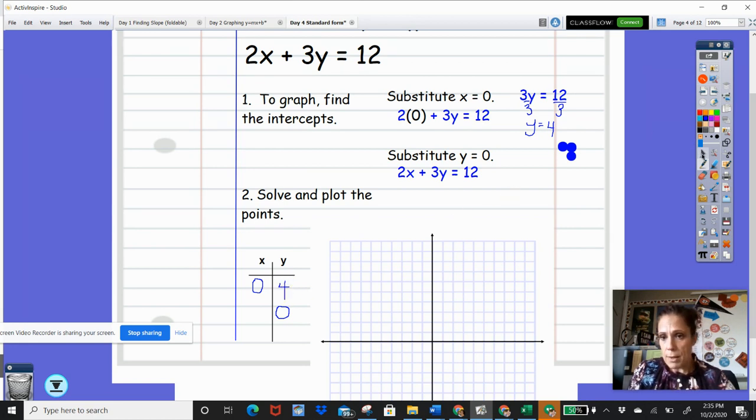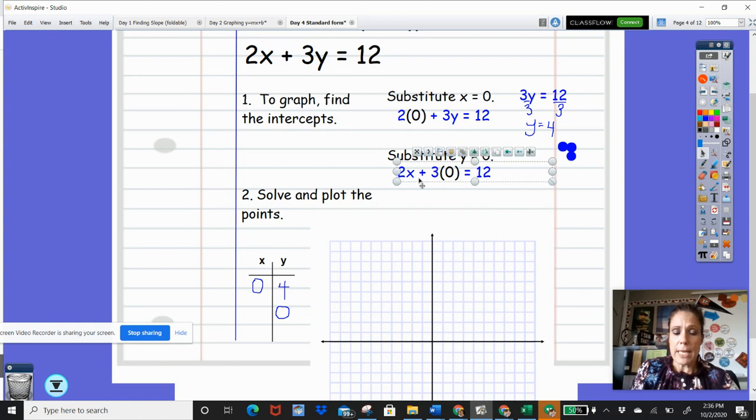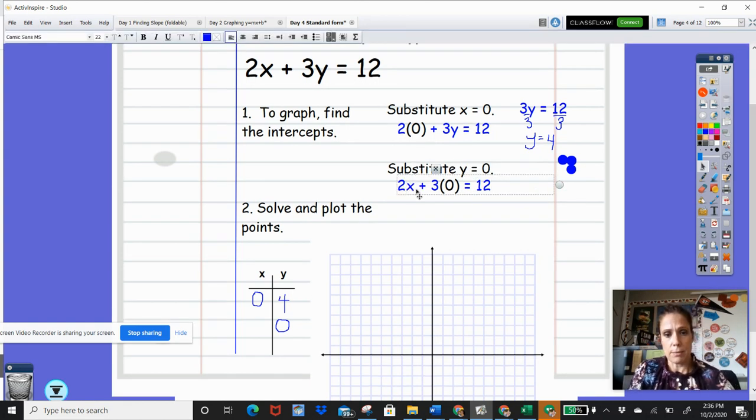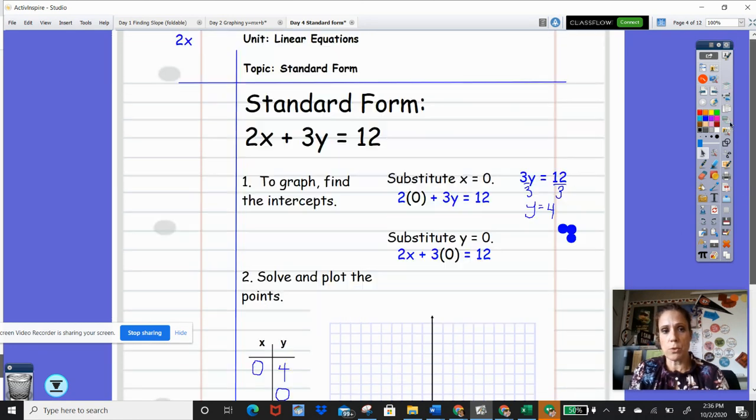Then I do the same, substituting 0 in for y. Then I'm only going to have 2x equals 12.